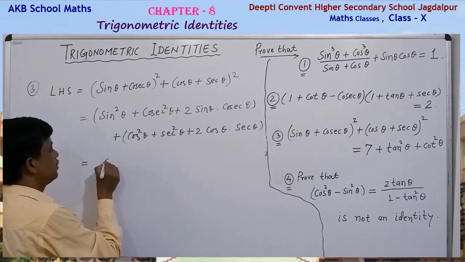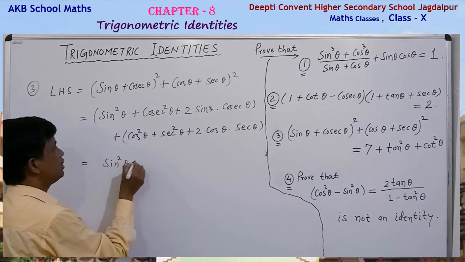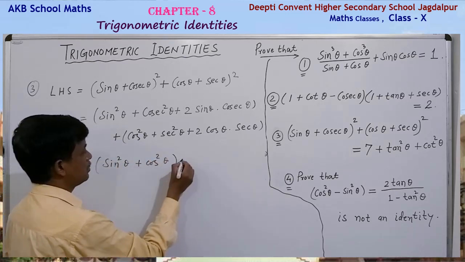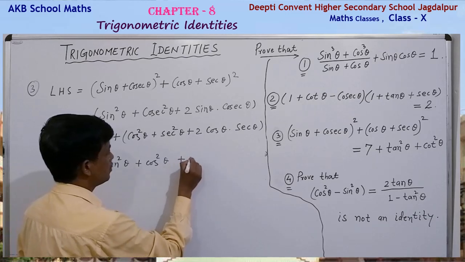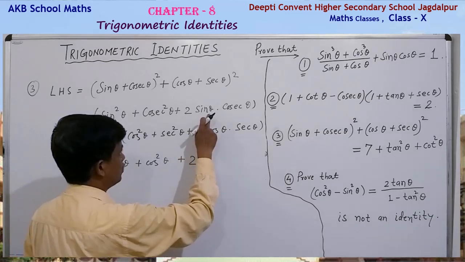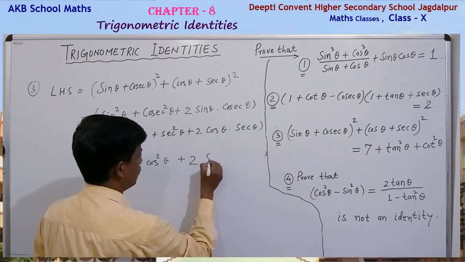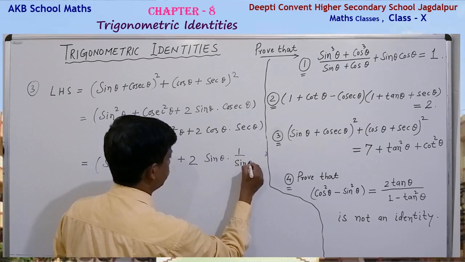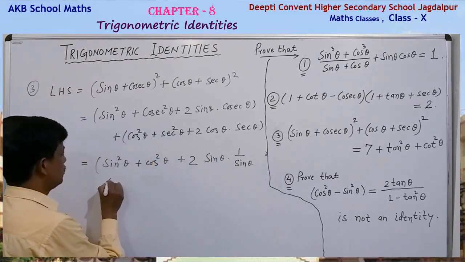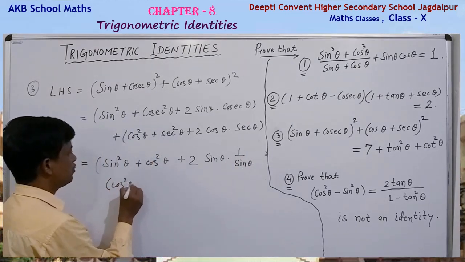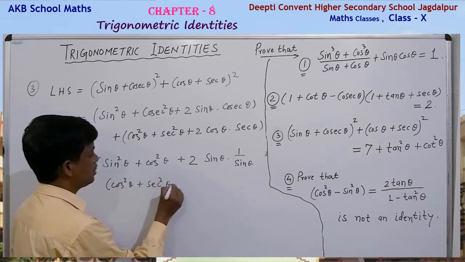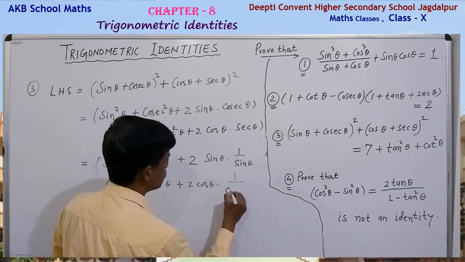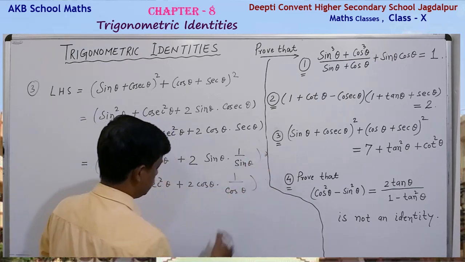So we write sin square theta plus cosec square theta plus 2 sin theta into 1 upon sin theta. Similarly, cos square theta plus sec square theta plus 2 into cos theta into 1 upon cos theta.